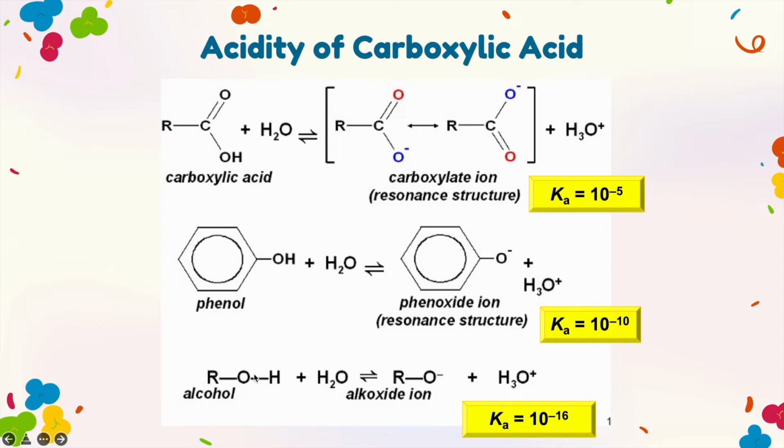And for alcohol, it releases H plus and becomes RO minus. This is what we call alkoxide ion. The H plus released reacts with H2O, so it becomes H3O plus. In this alkoxide ion, the negative charge is only at the oxygen, so the negative charge cannot be transferred anywhere like in phenoxide ion and carboxylate ion.